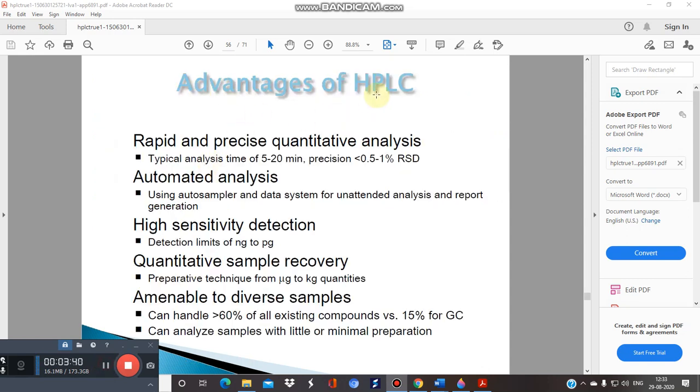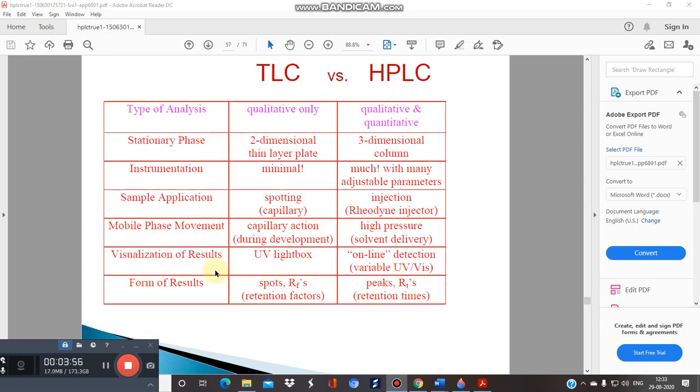Yes, there are several advantages of HPLC. This is quite important for our syllabus, especially for pharmacognosy. It is rapid, because it is high performance, high precision, a very important technique, and an automatic sampler is used. Quantitative as well as qualitative estimation can be determined. This is the comparison of TLC and HPLC.